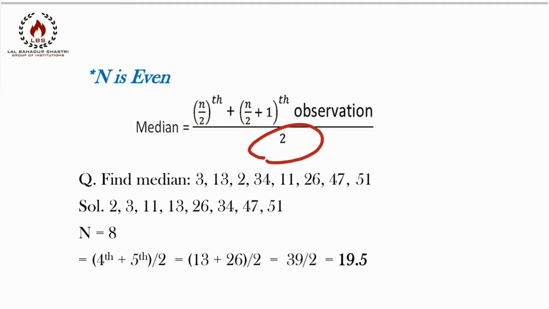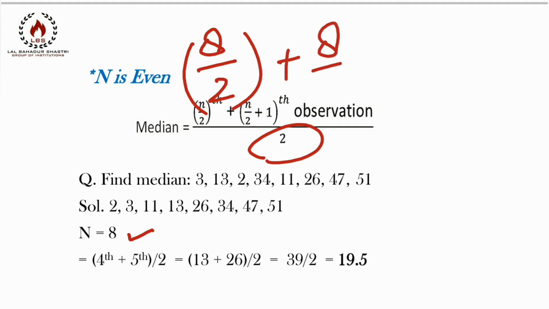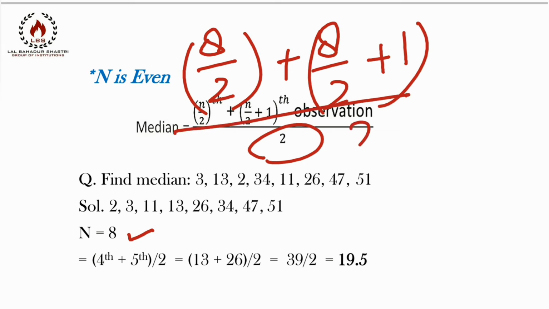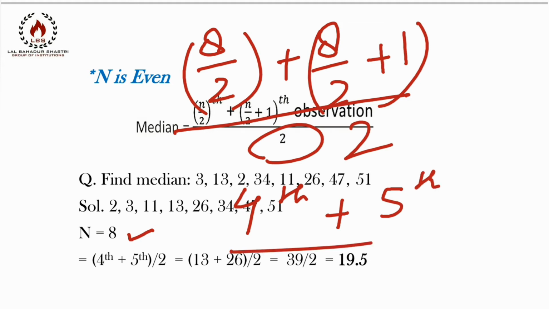So now we have 3, 13, 2, 34, 11, 26, 47 and 51. We'll arrange it in ascending order. So it comes out to be 2, 3, 11, 13, 26, 34, 47 and 51. Our n is 8. So it will be the 8 by 2, that is fourth value, plus the 4 plus 1, that is fifth value, divided by 2.